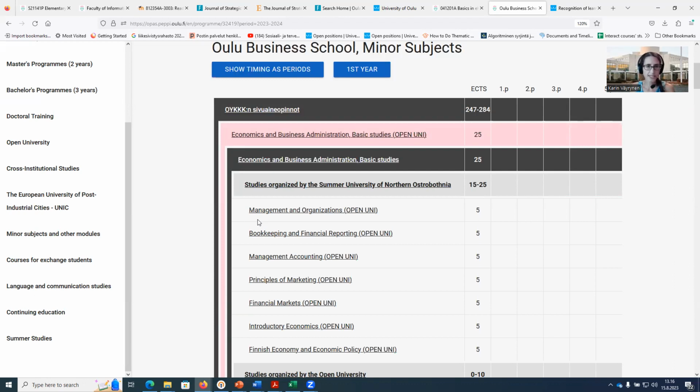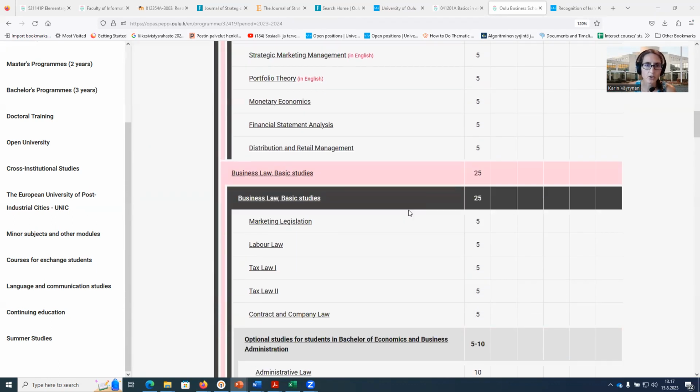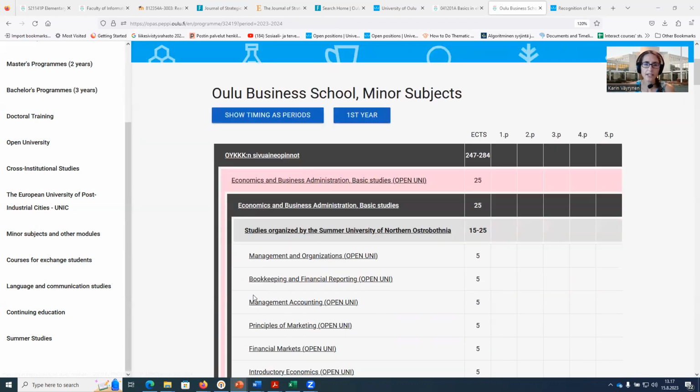Let's look for entrepreneurship and business design. Here in this red bar, the layout changed a bit from last year. In the red box, you can see what the minor is and what kind of courses belong to it.